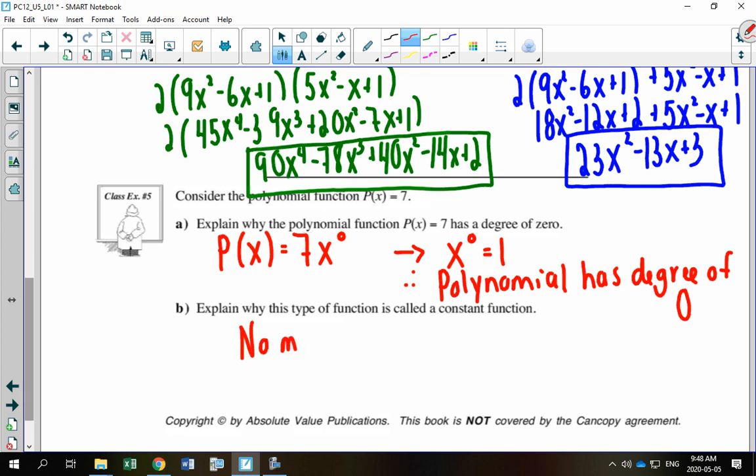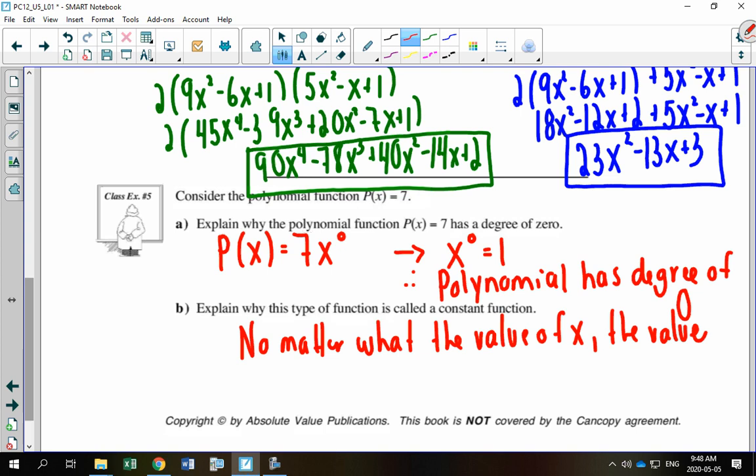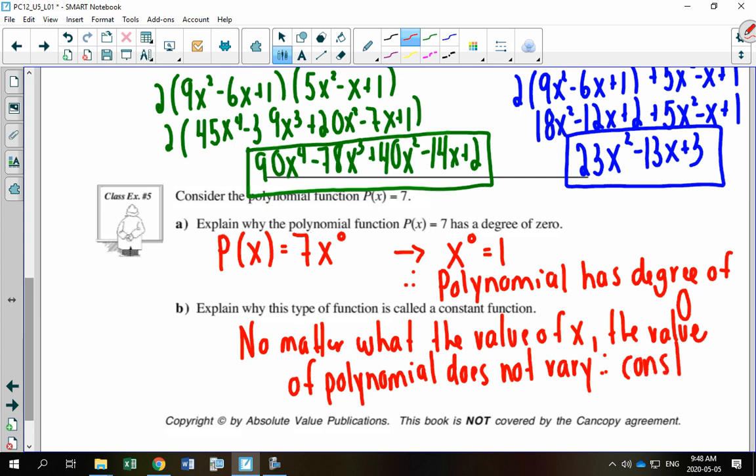So no matter what the value of x, the value of the polynomial does not vary. Therefore, we call it a constant function. So it doesn't matter what you change that value of x to be, it's always to the power of 0, which is 1.